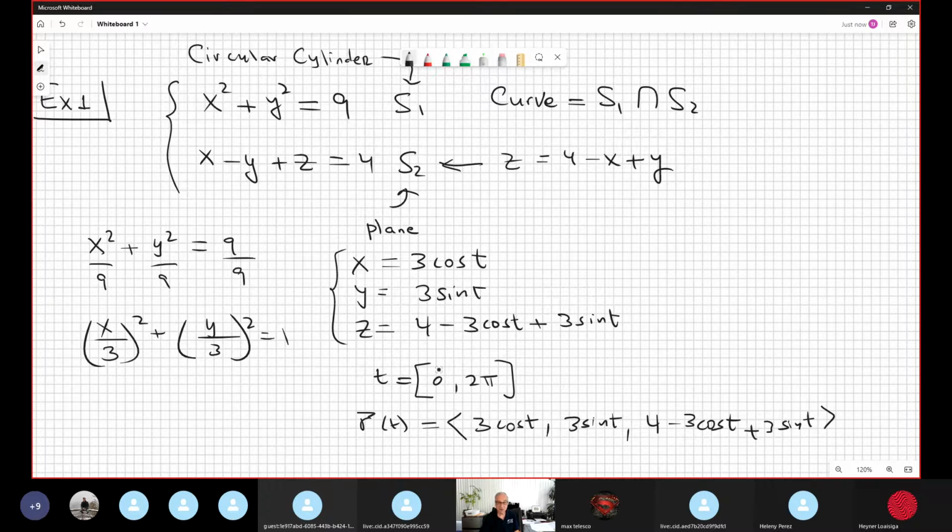Okay, I did well, yeah. This is the x component, this is the y component, and this is the z component. Super. Cool? Do you understand?